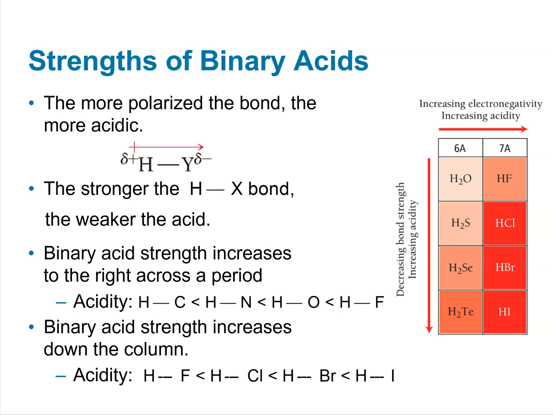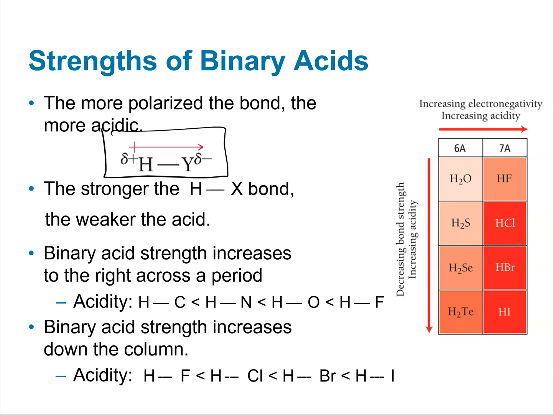And for the strength of binary acids, it's relatively straightforward to make the determination, because the more polarized the bond is, the more acidic it likely is. So specifically the bond between your central atom and your acidic proton. So that's what we're looking at here, where the bond between the central atom Y to the proton is highly polar.